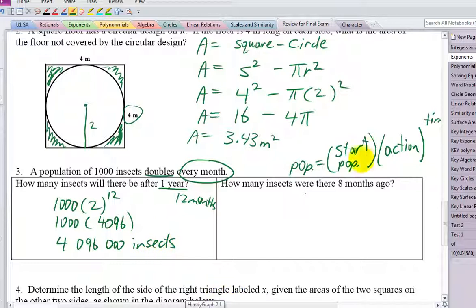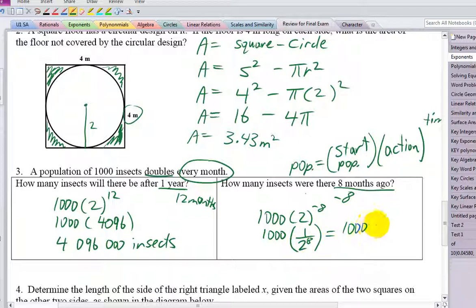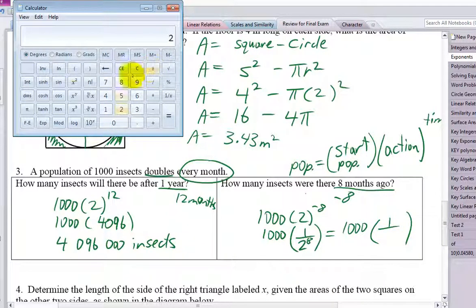Next one. How many insects 8 months ago? What kind of number could represent 8 months ago? -8. That's right. So 1,000 times 2 to the exponent -8. That'd be 1,000 times 1 over 2 to the +8. Which is 1,000 times 1 over 2 exponent 8. 256.